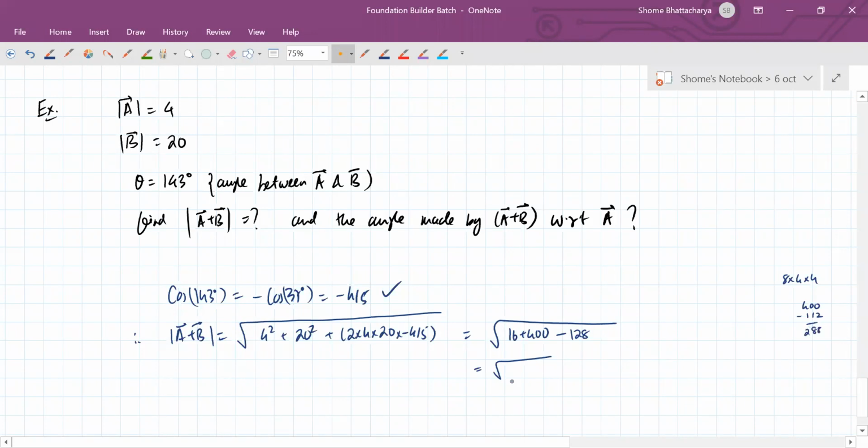So that is 288. Okay. So 12 root 2 is fine as the answer.